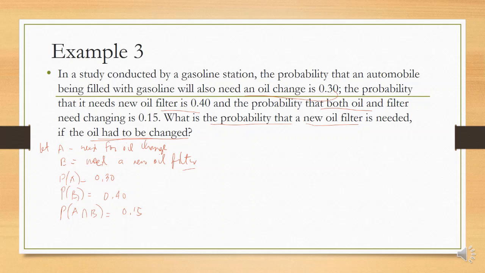Okay? So, ang tinitignan natin dito, no, is ito yung probability ng oil filter and this is the probability ng oil change, meaning ano ang probability na kailangan natin ng new oil filter given kailangan natin ng oil change. Ayan, no?